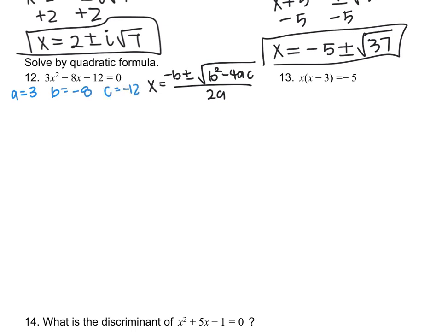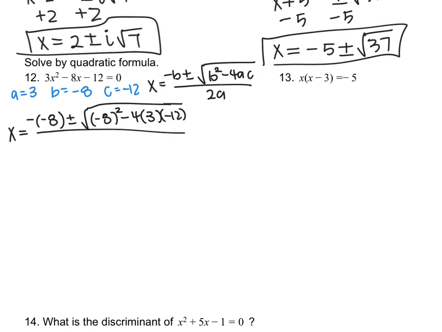So we have a is 3, b is negative 8, and c is negative 12. So we end up with negative 8 plus or minus the square root of negative 8 squared minus 4 times 3 times negative 12, all over 2 times 3.